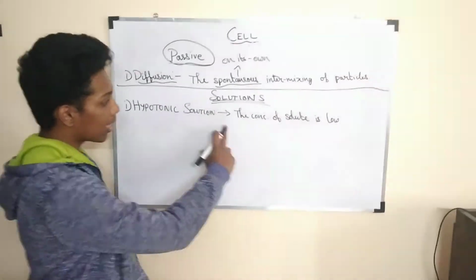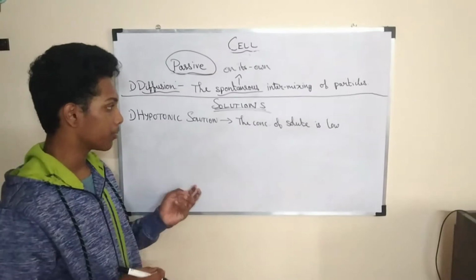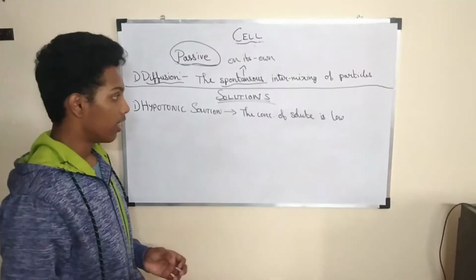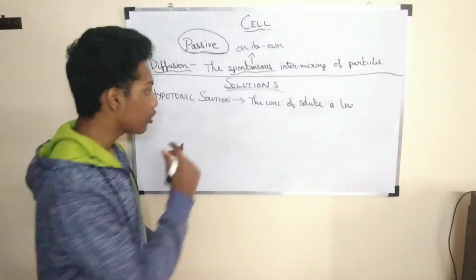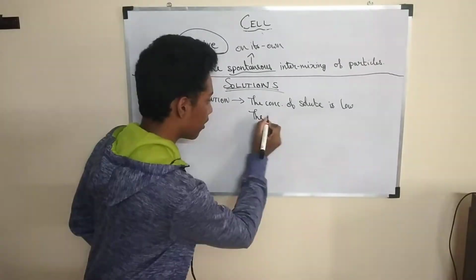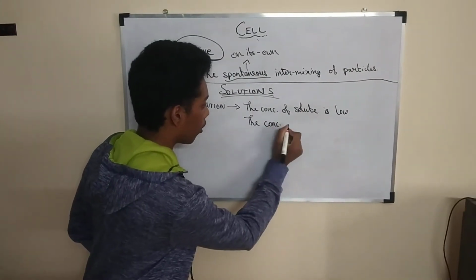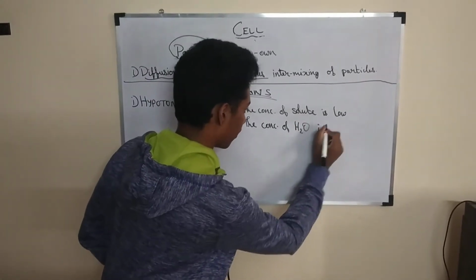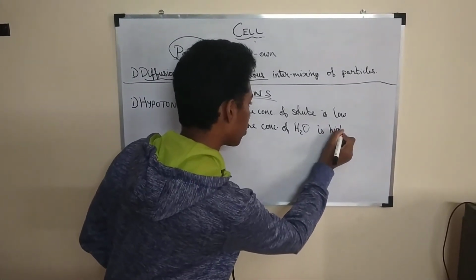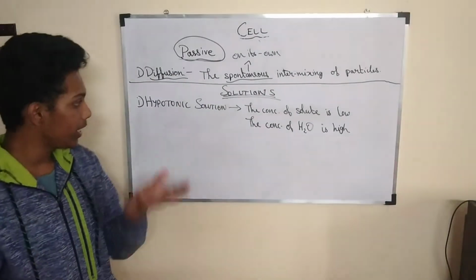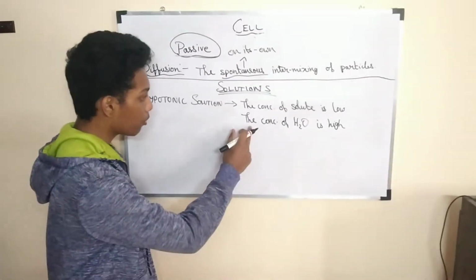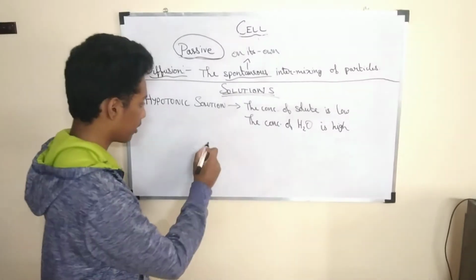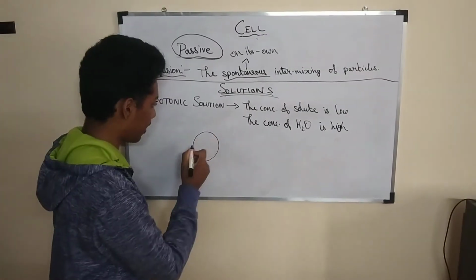The solute can be salt, sugar, anything. If this is low, then the water content should be high. Am I right? So the concentration of water, H2O, is high. If one thing is low comparatively, the other would be high. I'm talking relative to the surroundings. Let's say this is the cell and this is the surroundings.